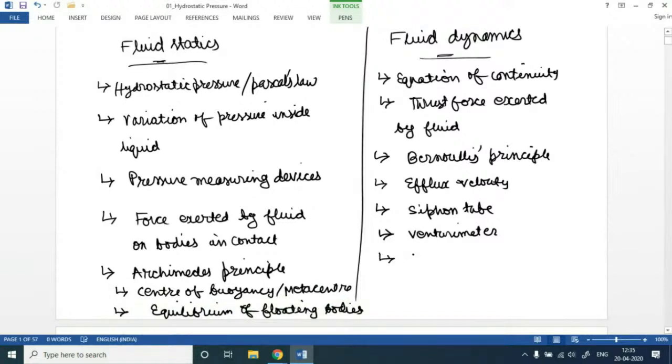And then we will talk about dynamic lift, which is governed by the Magnus effect. And we will look into the concept of atomizer, which is very important from the perspective of JEE Advanced. So this is the plan, these are the subtopics which we are looking to cover this week.